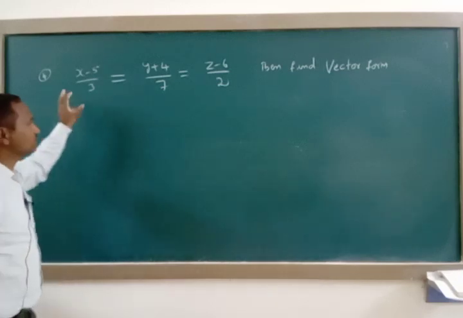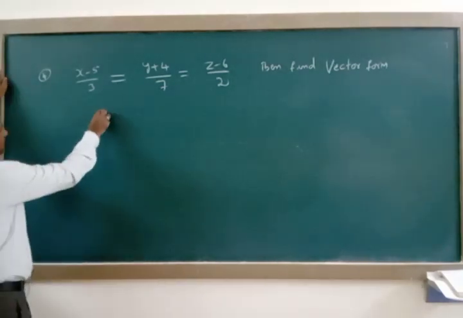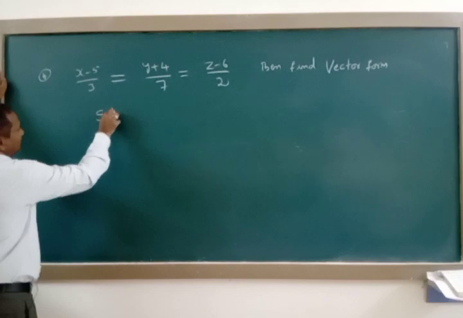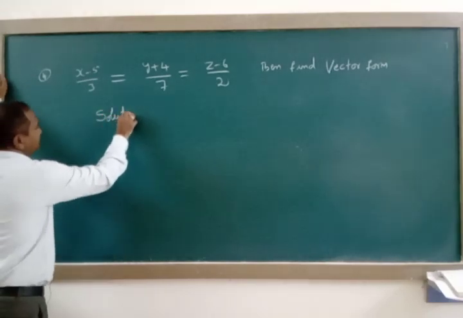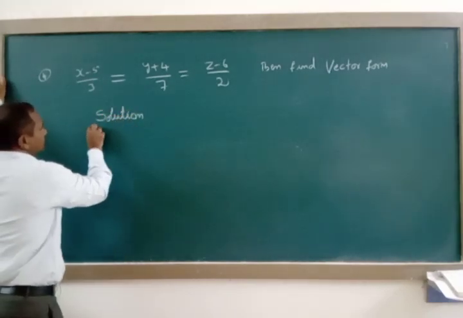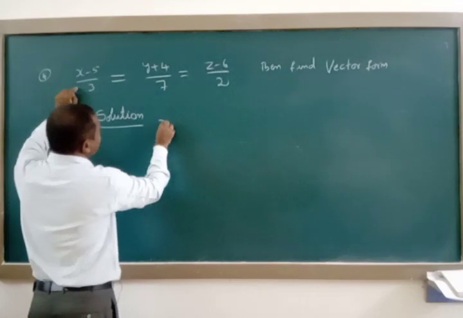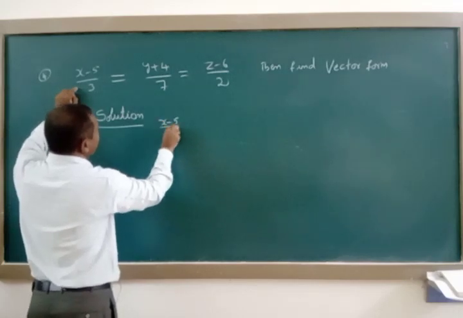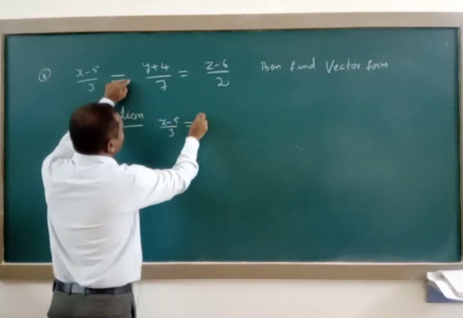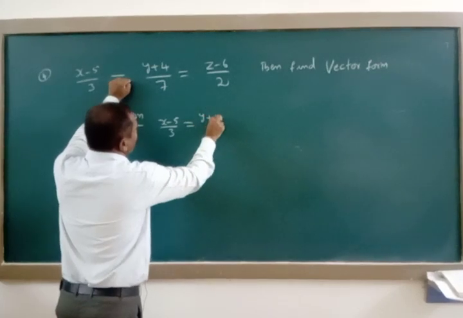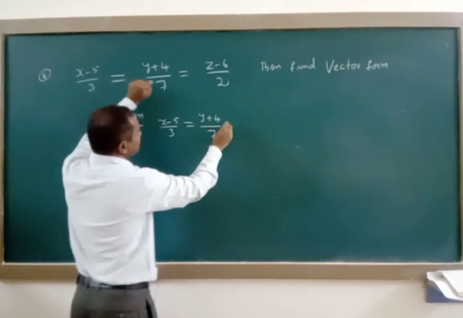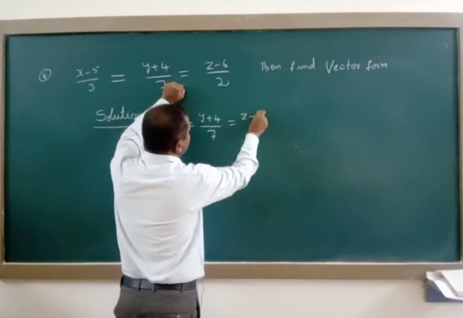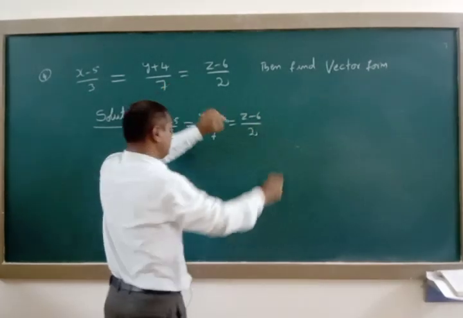Let us now start the solution of this question. For the solution, we should first write the given equation of the line. The given line: (x minus 5) dividing by 3 is equal to (y plus 4) whole dividing by 7 is equal to (z minus 6) by 2 here.